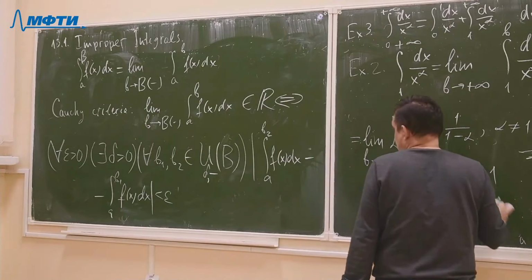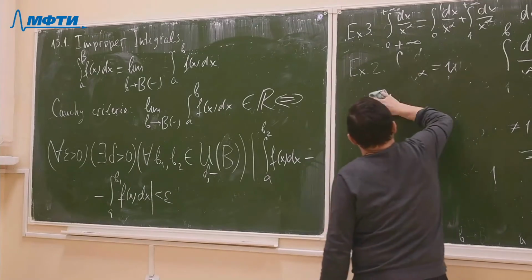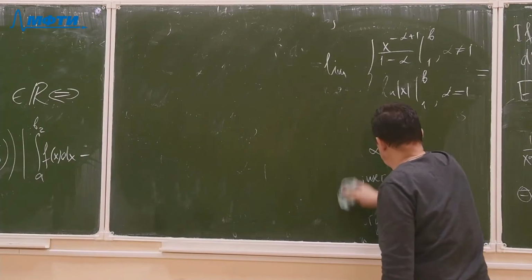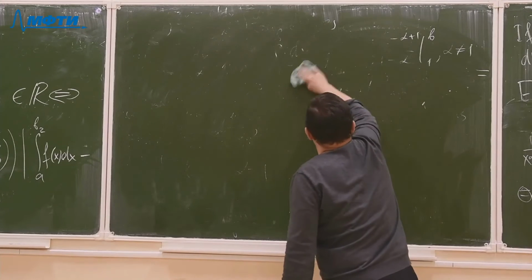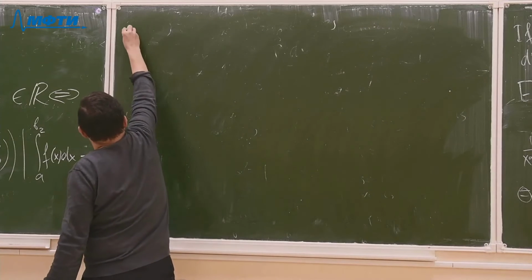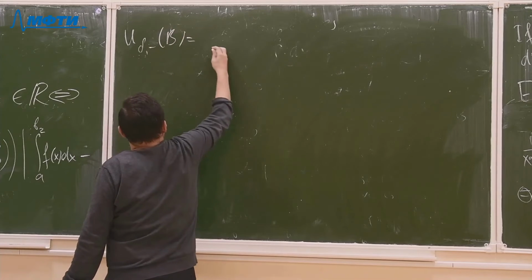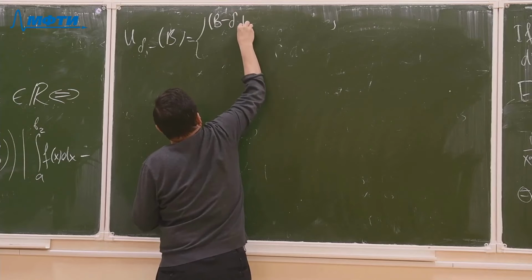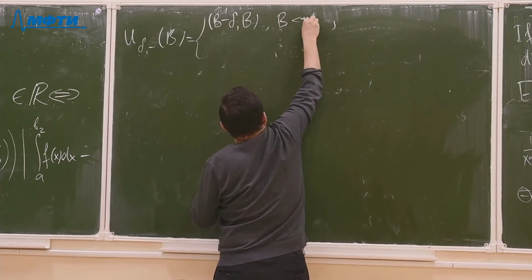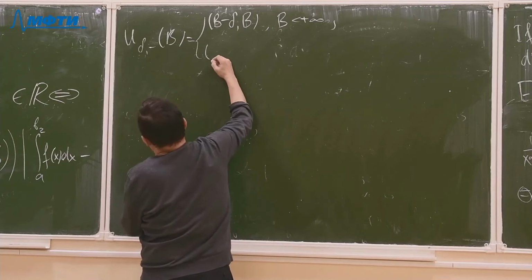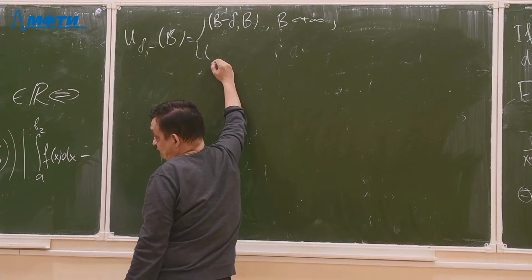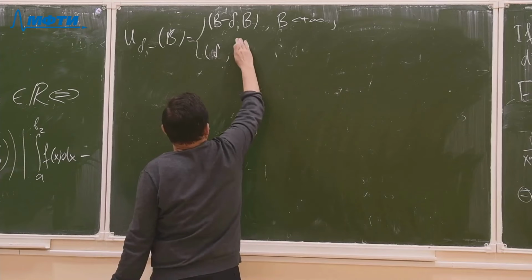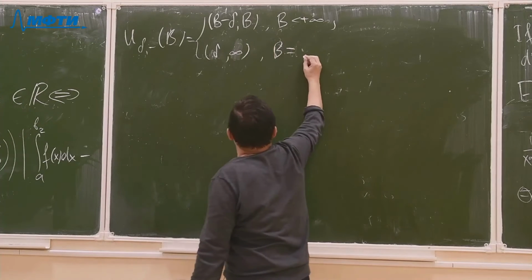So what is U delta minus of b? U delta minus of b is b minus delta, b, if b is a finite number, and delta, infinity, if b equals plus infinity.